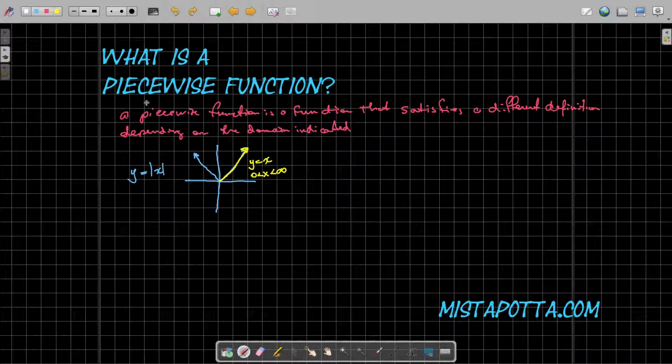And I can think of the other part, this part over here, as y equals negative x, again, on some domain, like that. And so I could write this as a piecewise function where I'm basically saying that it satisfies a different definition depending on the domain indicated. And I have two domains that I'm dealing with here.